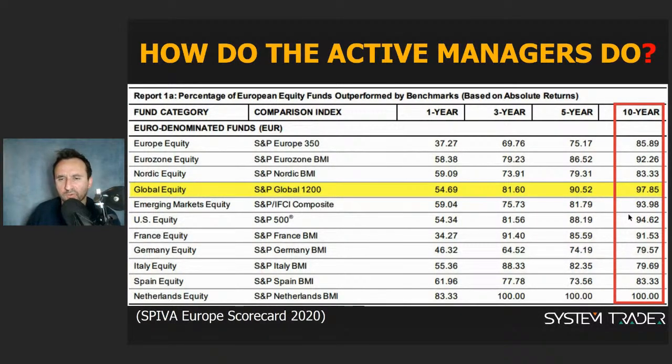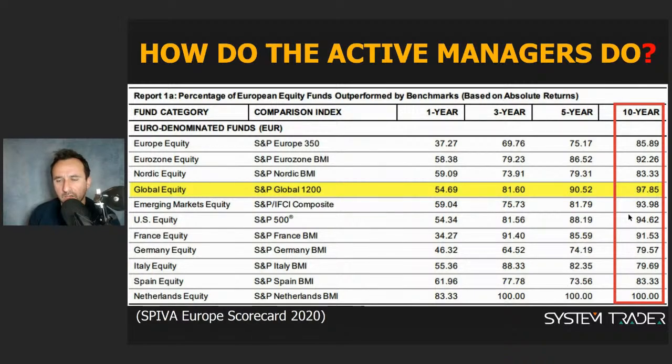This is of course one example of one funds group, but basically similar scorecards are made on other markets as well, and the conclusion is very similar. The active managers are doing poorly, and not only just because they are not so smart to beat the market, but because also the costs are involved in running such funds.